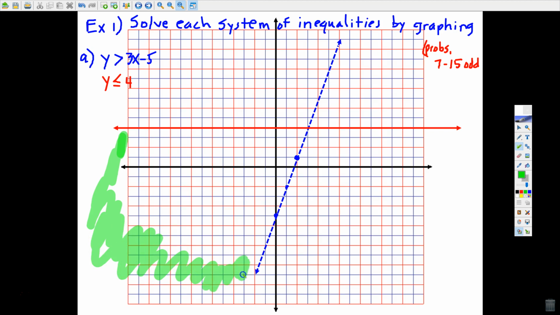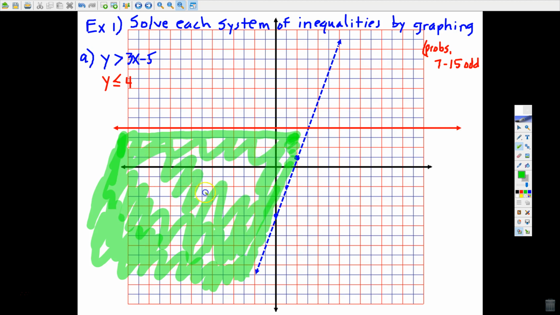So we can't go beyond the blue dotted, and we can't go above that red solid. Every ordered pair we pick in this shaded region will satisfy that system of inequalities, and that's how we show the overall solution.